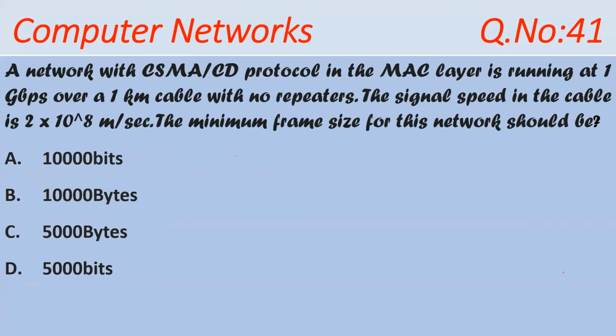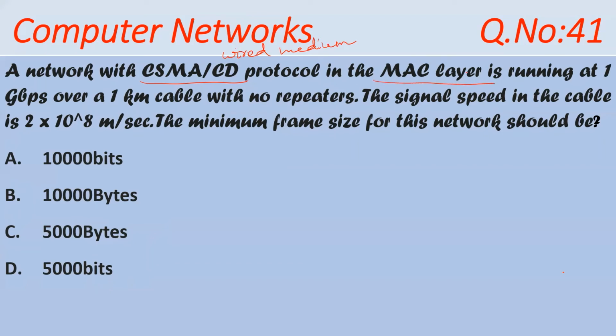So let us solve a problem. A network with CSMA/CD protocol. CSMA stands for carrier sense multiple access, and CD stands for collision detection. Collision detection is possible in the wired medium.